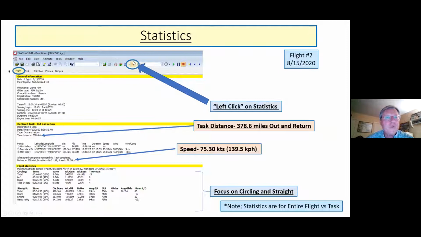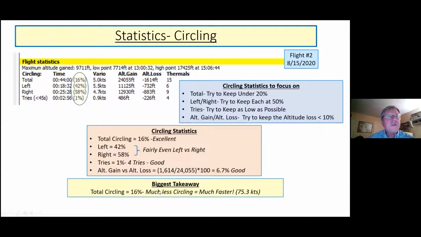So again, going through statistics, the whole flight. Task was 378 miles. Did it at a speed of 75.3 knots. And we'll get into the circling and statistics. Now this one circled 16%. Well, that's a whole lot better.